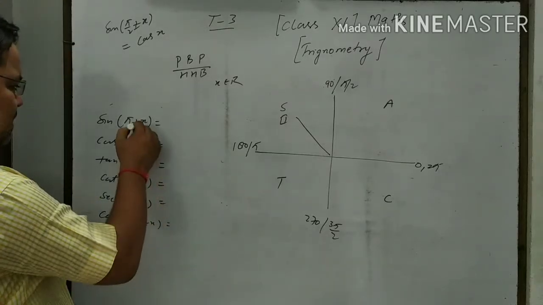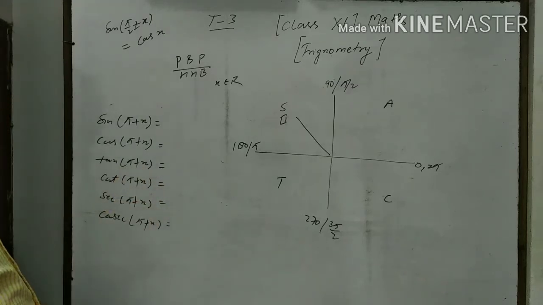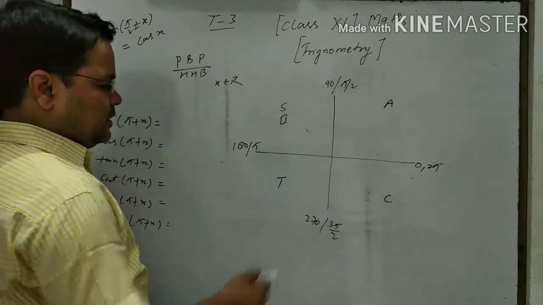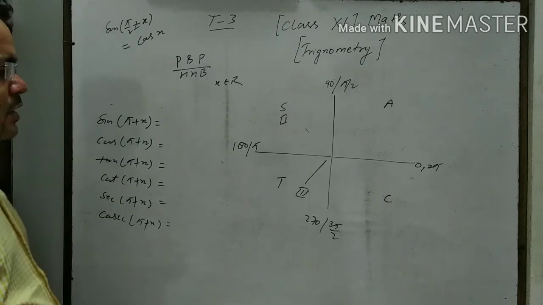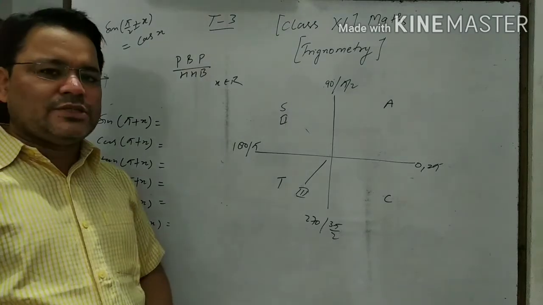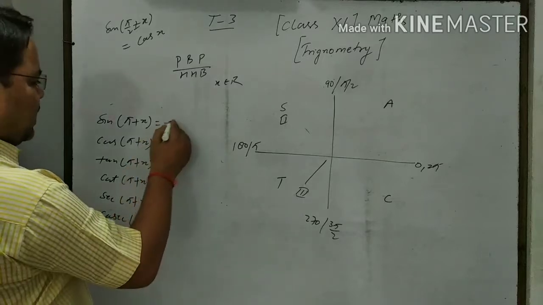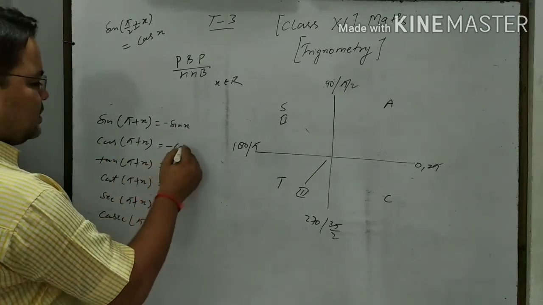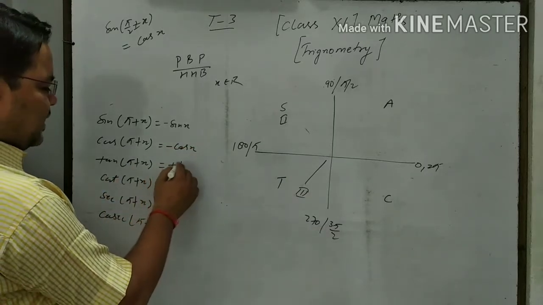Pi plus x will be in the third quadrant here. And we know that in the third quadrant, only tan and cot will be positive and others will be negative. Then sin(pi plus x) will be minus sin x, cos(pi plus x) will be minus cos x, tan(pi plus x) will be plus tan x.